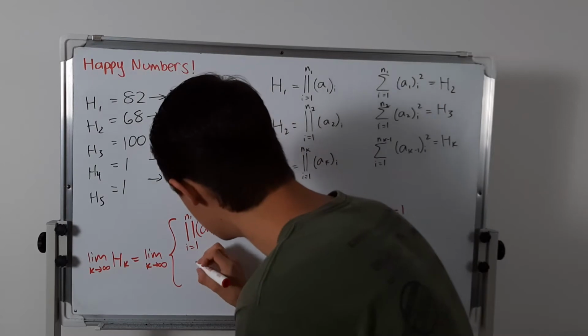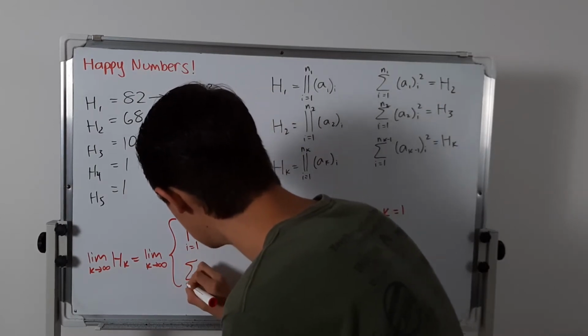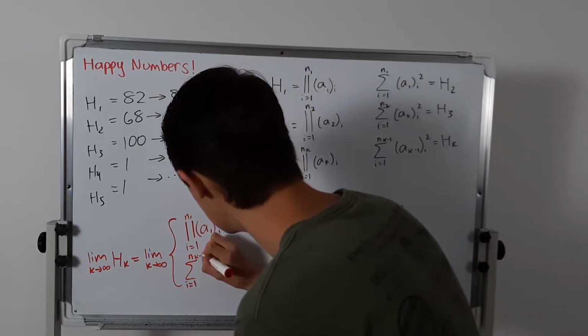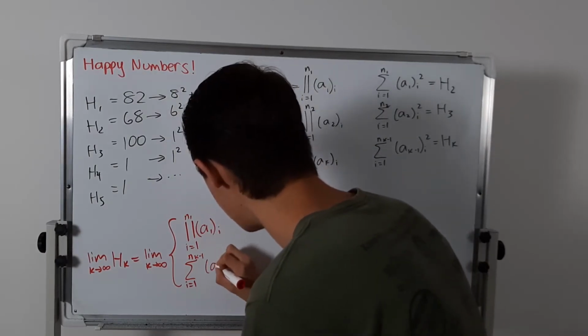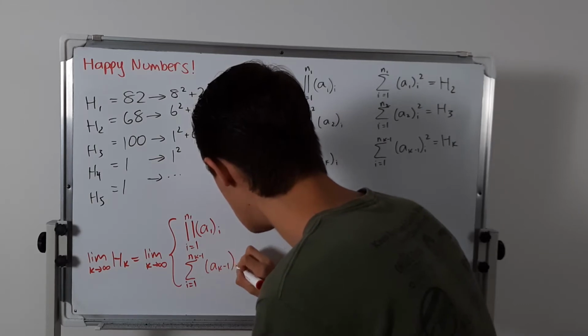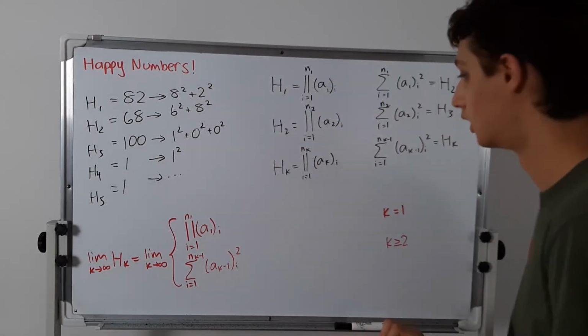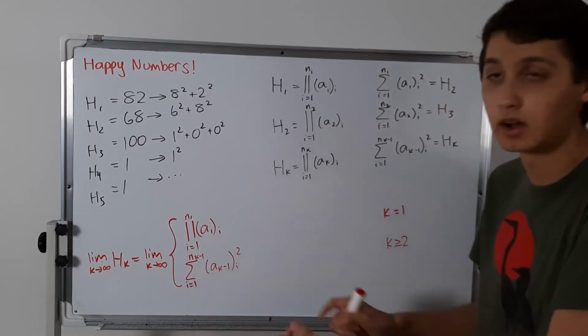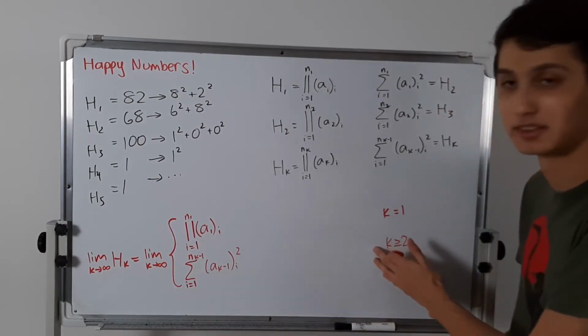So I'm going to write this down. Okay, so this is equal to h sub k, right? And you might be like, oh, okay, so we're done. Why did I leave this extra space here?